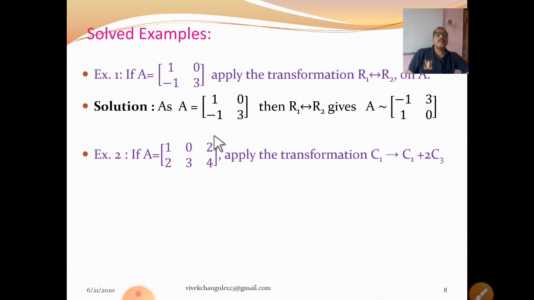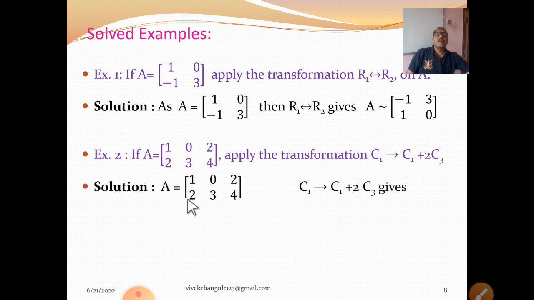The third column is multiplied by 2 and added to the corresponding element of the first column. So the solution: A is equal to 1 0 2, 2 3 4, and C1 changes to C1 plus 2 C3 gives: 1 plus, we multiply every element of the third column by 2, that is 2 into 2, and add it to the first column.